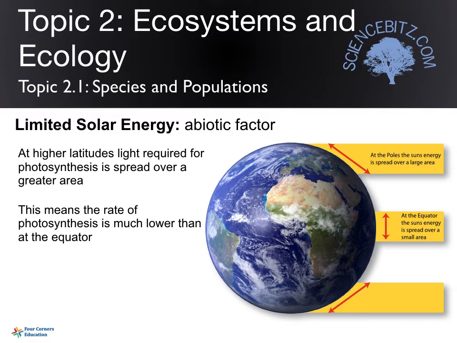What this leads to is that the rate of photosynthesis is much lower at the poles. So if the rate of photosynthesis is much lower, there must be much lower energy for the entire ecosystem to utilize. This means that gross primary productivity is much lower at the poles than it is at the equator.